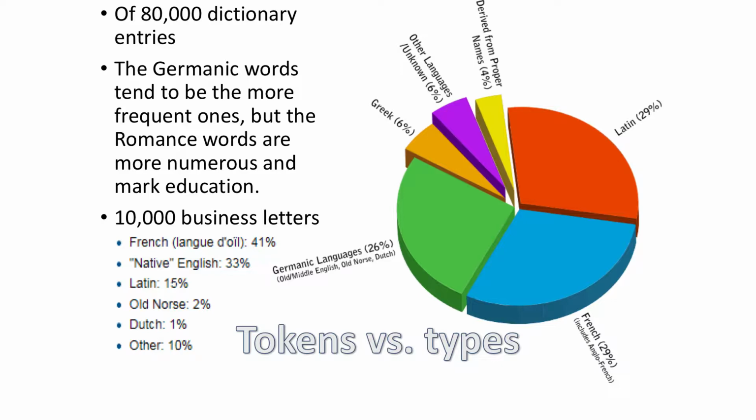That brings the Germanic number up to 36%. So we can see that the French and the Germanic, that blue and the green slice, greatly increase if we're talking about business letters, the language of everyday life as opposed to a dictionary. And then Latin has gotten a lot smaller. We're using a lot fewer Latin words in business letters.